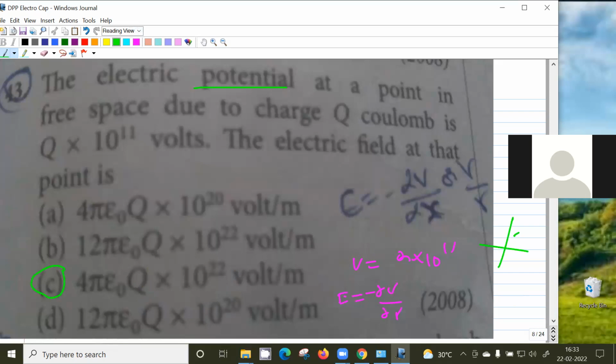Not the value at one point. Just using the value at one point, we cannot find the slope. We have to know how it's changing in the neighboring points also. So with the potential at a point alone, we cannot find the electric field. Okay, leave this question. I'll come to it later.